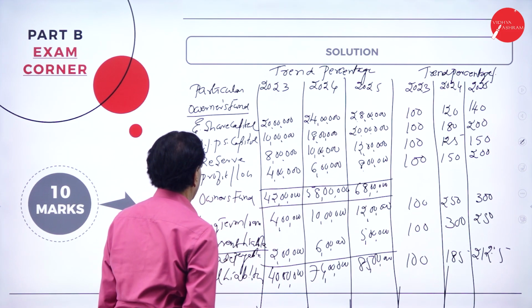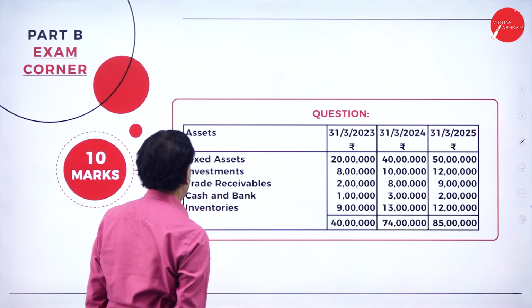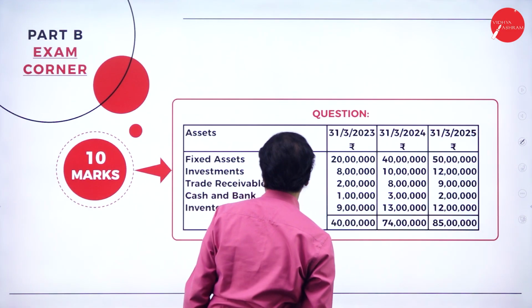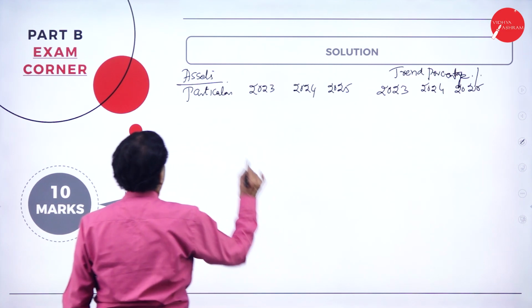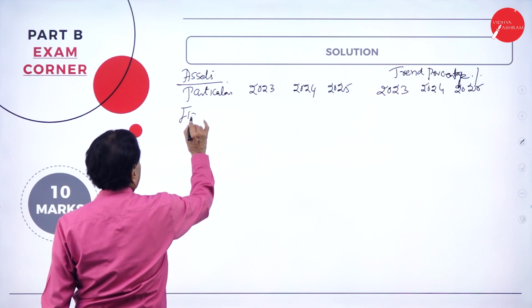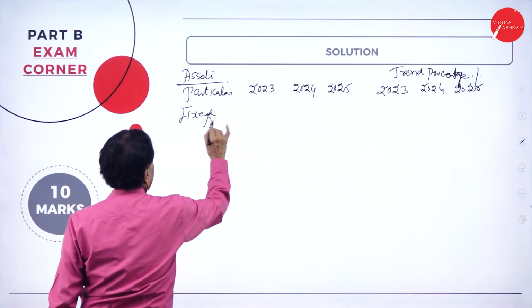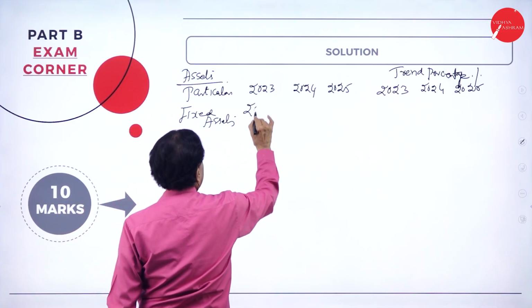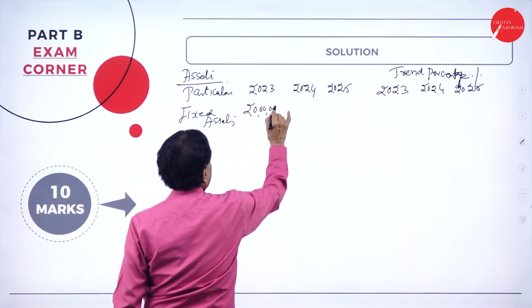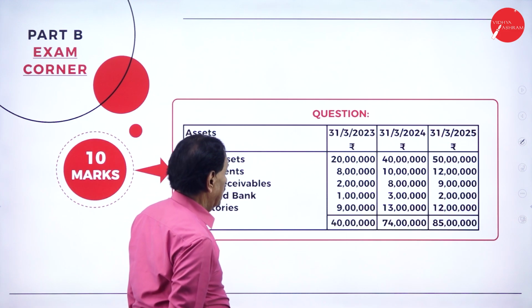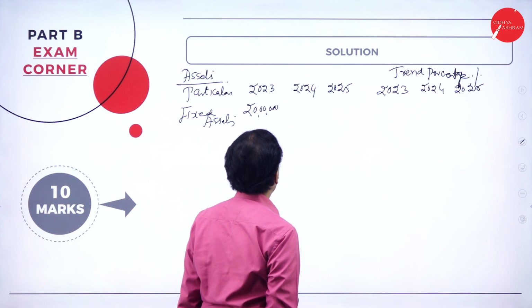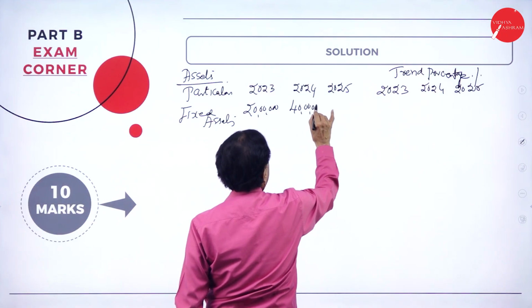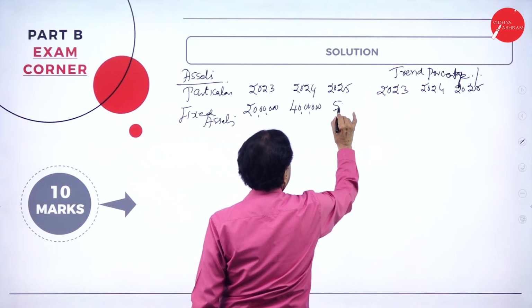Now, fixed assets: 20 lakh, 40 lakh, 50 lakh.